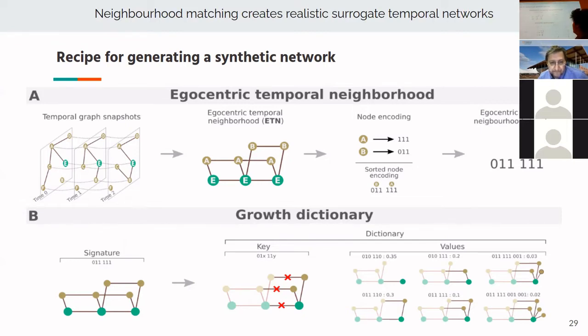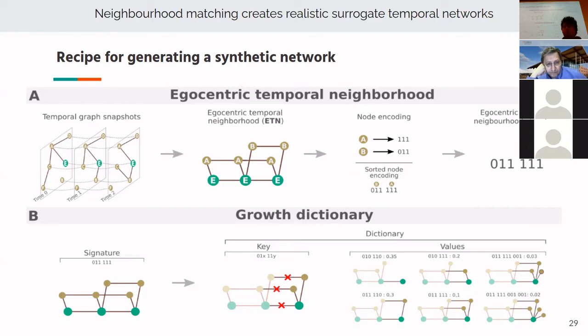No, I mean, the probability is related to the last part of the motifs, because the first part is the key. So basically we have the key, which is just this first part, and here we have all possible combinations that we found in the original graph.